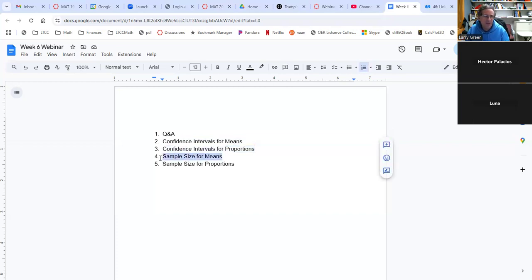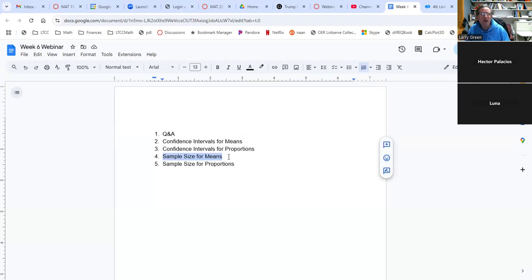Then we're going to get into the sample size needed. So we've learned already that if you don't have more than 30, you can't use the central limit theorem statement that the distribution is approximately normal. But even if you can use it, sometimes if you have a sample that might be 35, you're going to have an error that might be higher than you really need.